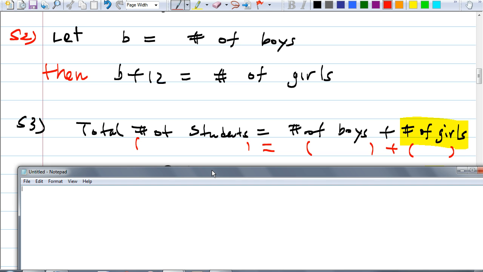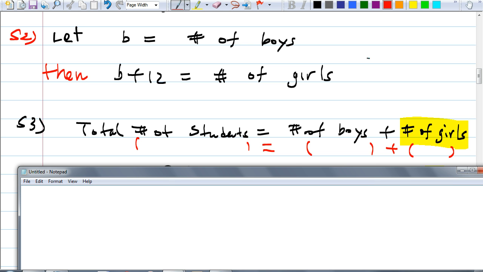Look at what we declare. When we declare our variable, it says right up here, number of boys is B. What about number of girls? How are we expressing number of girls as an expression? They told us how many girls there were.